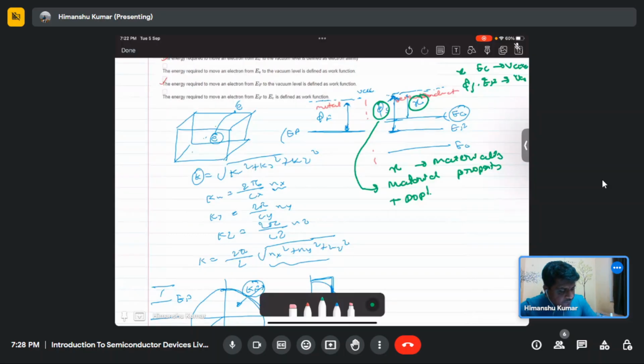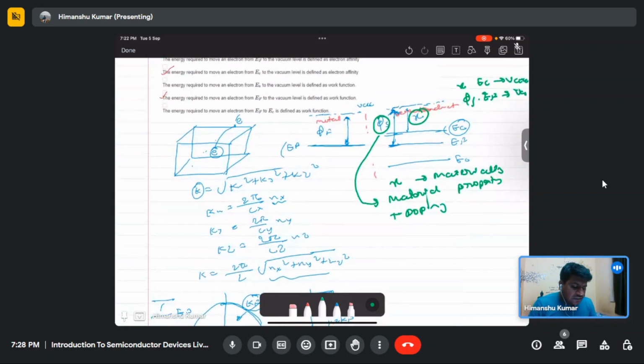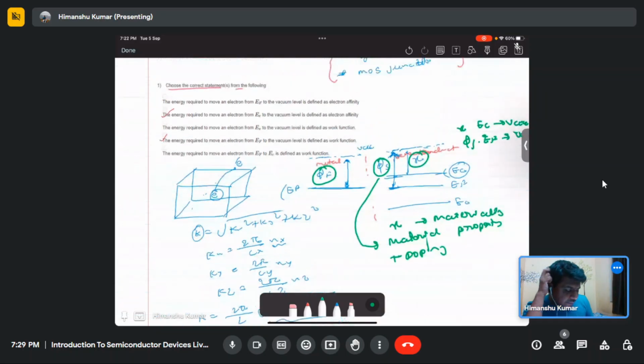With respect to EC, the Fermi level moves up and down based on how much doping you have done to the semiconductor. So these are some fundamental definitions, and for metals, different metals have different work functions. You can take titanium, nickel, gold, aluminum; these are common materials used for contact.